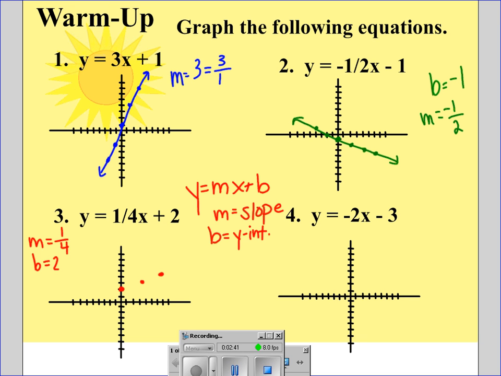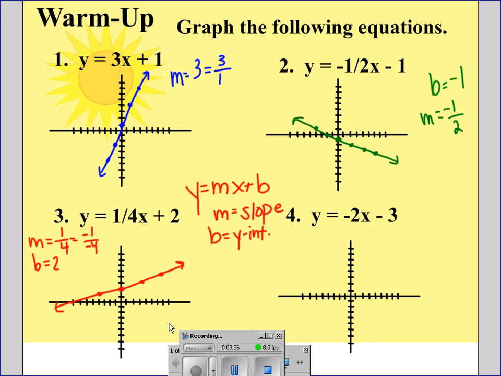Or I can go down 1 and over to the left 4 because a negative divided by a negative is still a positive. So down 1 and over to the left 4. And that is our line for y equals 1/4 x plus 2.